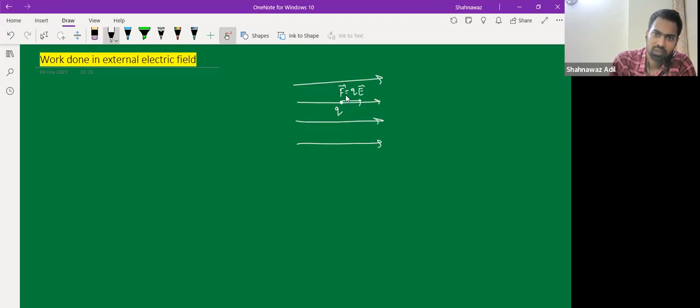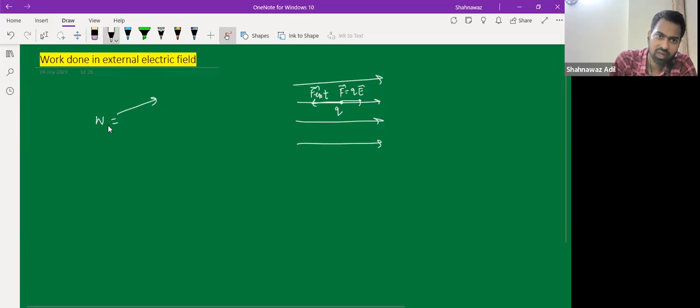Yes, sir. So the external force that we would apply would be this F external. So this W would be how much? There can be two cases: one is that this E is uniform.